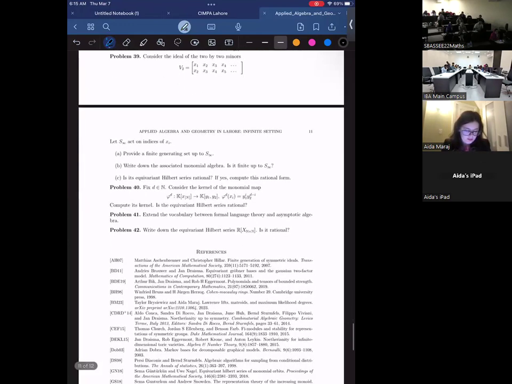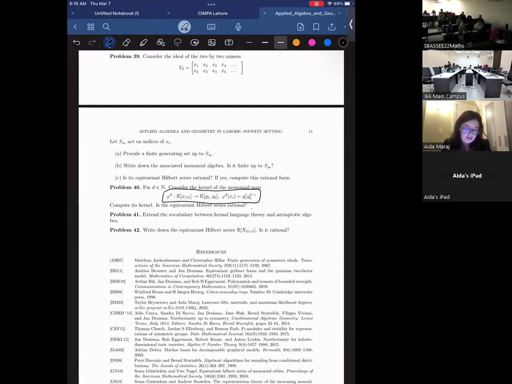And problem 40 is about a generalization of 39. So this is like the Veronese embedding, and this is to compute the equivariant Hilbert series of the Veronese embedding.